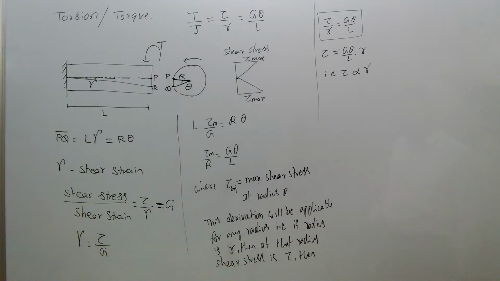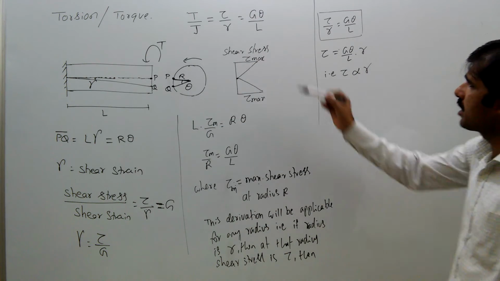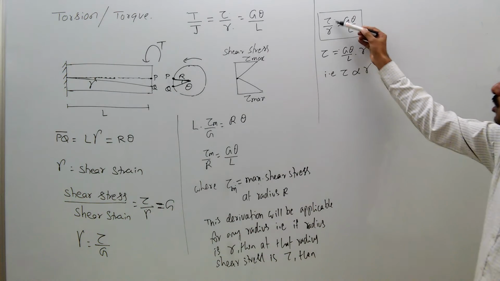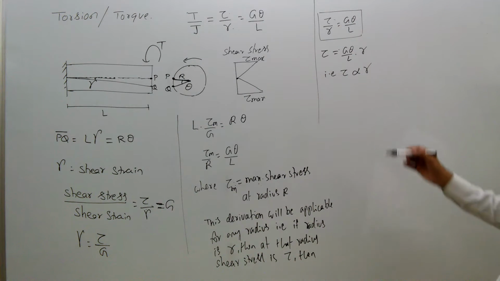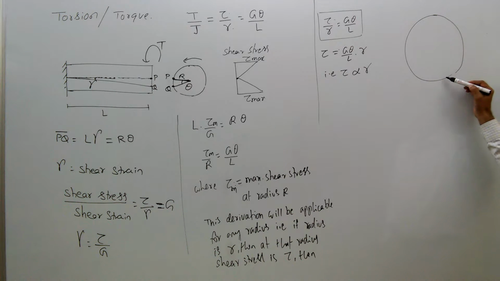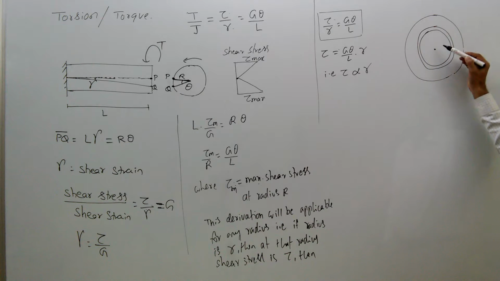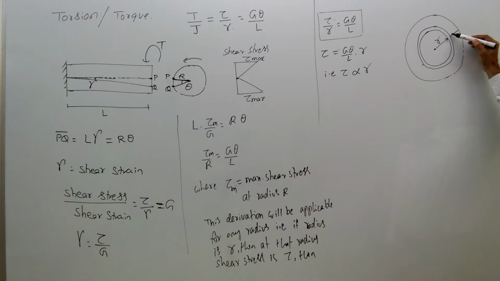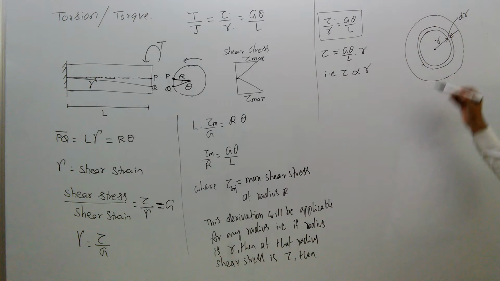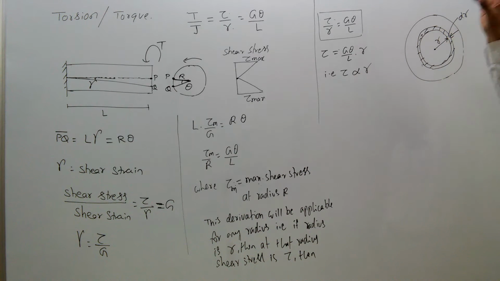And how to relate this to T by J equals tau by r or G theta by L? Now we got tau by r equals G theta by L. If you take a cross section like this and take a ring at radius small r with ring thickness dr, what is the torque resisted by this ring?